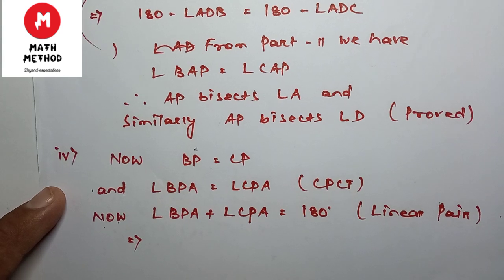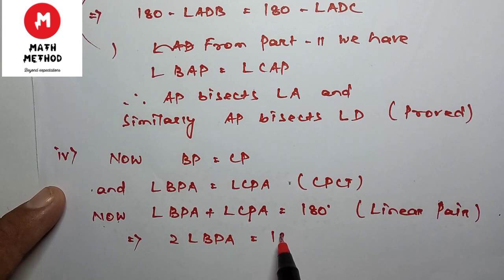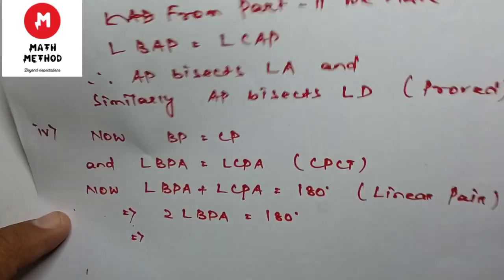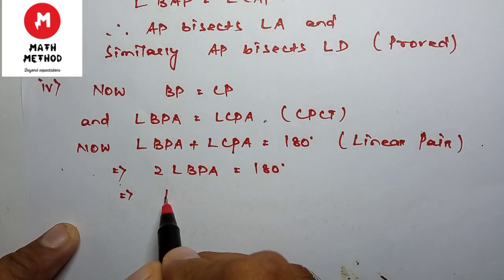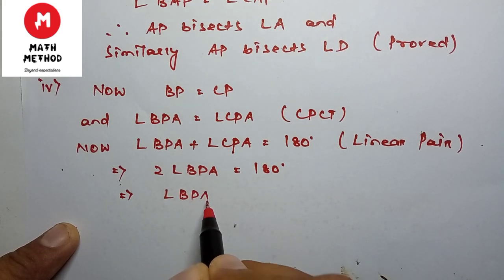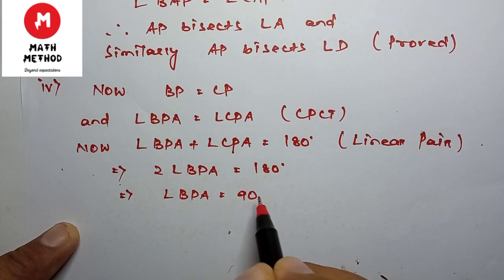Now I can write 2 angle BPA is equals to 180 degree, implies angle BPA is equals to 180 degree upon 2 is equals to 90 degree.